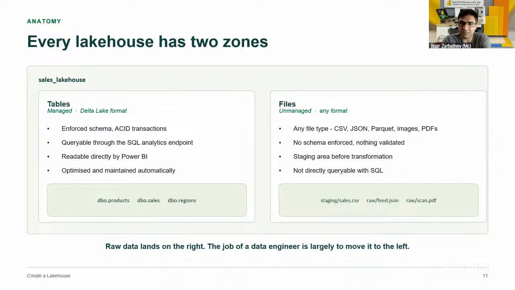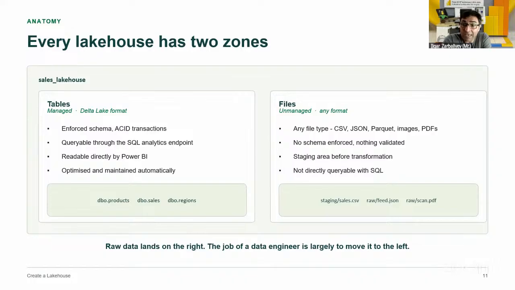Nothing is validated. No schema is enforced. Fabric is entirely relaxed about what you drop here. And the price of that flexibility is at the bottom of the card. You cannot query it with SQL. It's a file. The SQL analytics endpoint cannot see it.